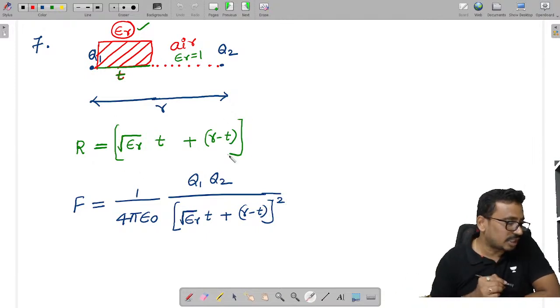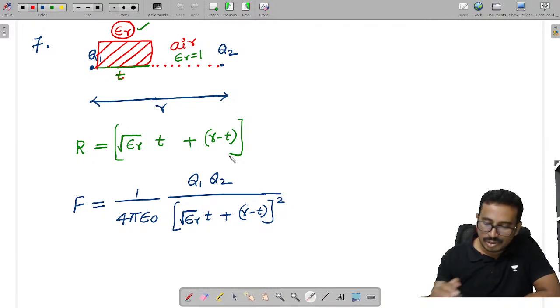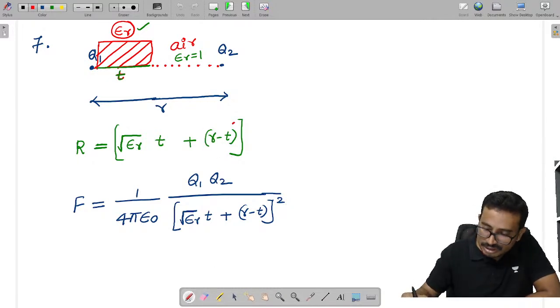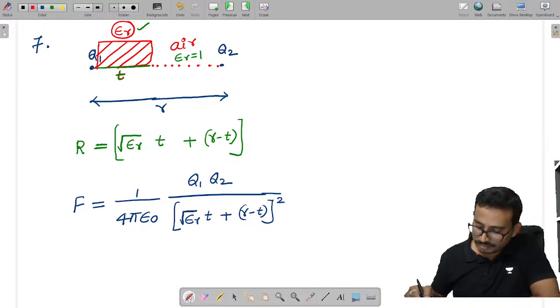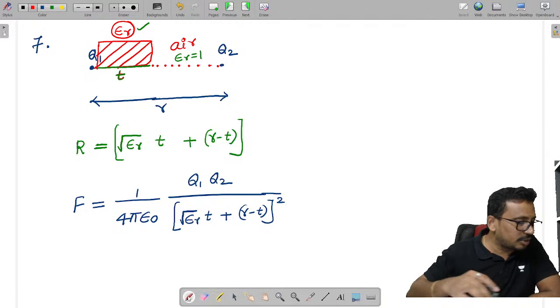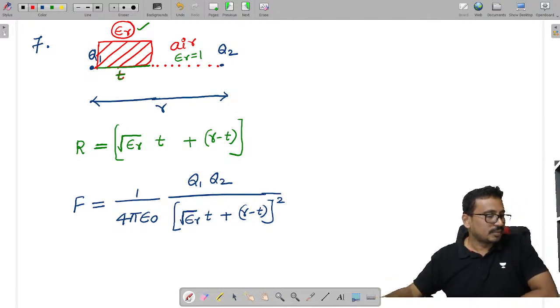I didn't do the square of this R minus T. Where we have the square, you see? Is it fine, Madhu? Done.